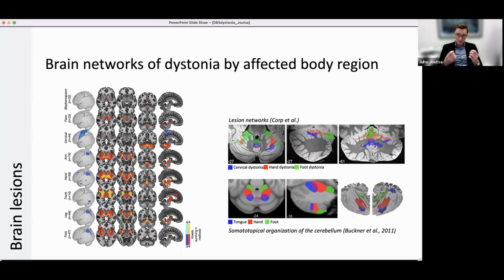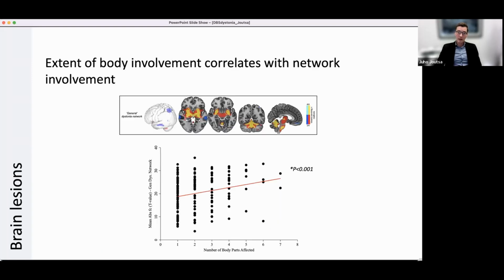So different types of dystonia in terms of body regions affected have slightly different network involvement. And finally, when looking at to what degree lesions damage the general dystonia network, the more damage these lesions do, the more body parts are affected.